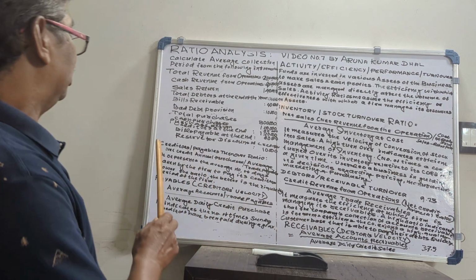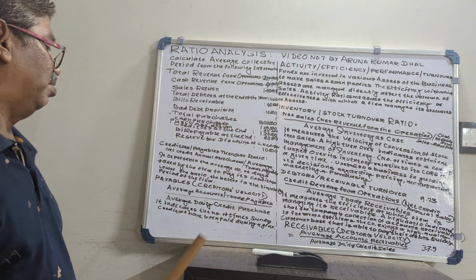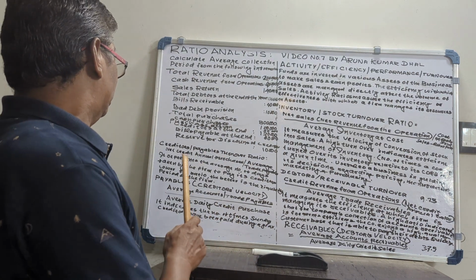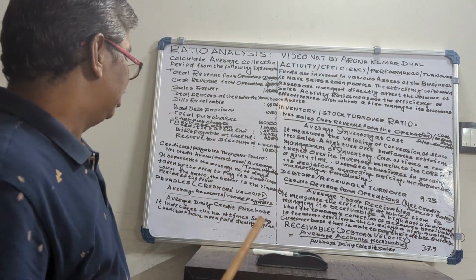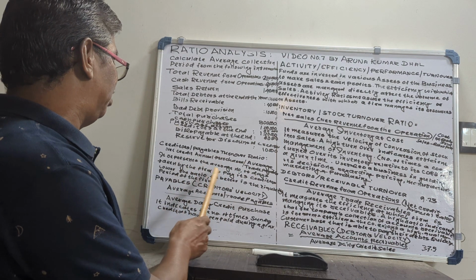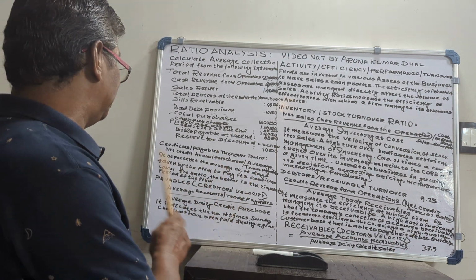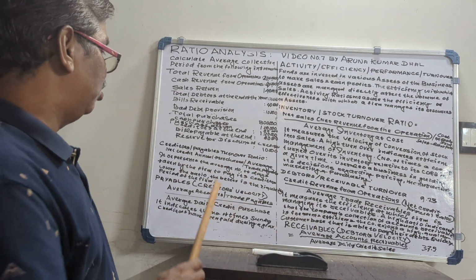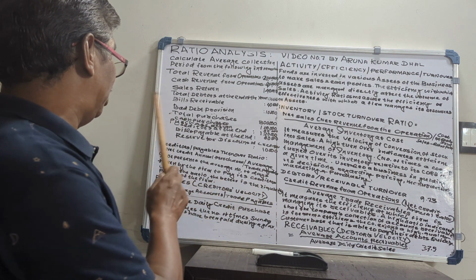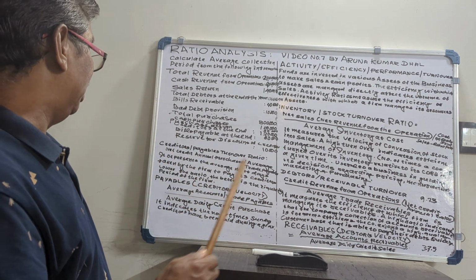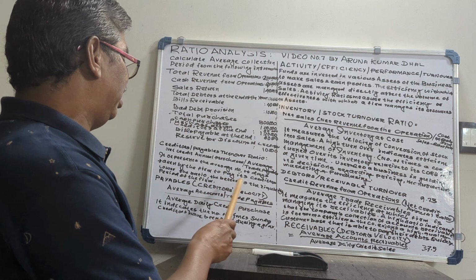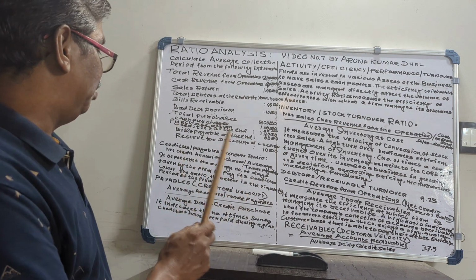Then creditors or payable turnover ratio. It represents the average number of days taken by the firm to pay its creditors. Lower the ratio, the better it is for the liquidity period of the firm. If the ratio is higher, then the liquidity period of the firm is poor.